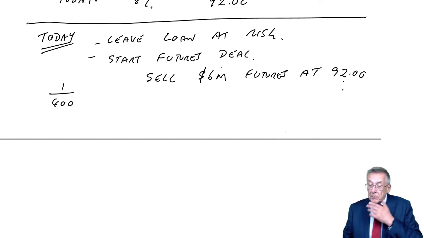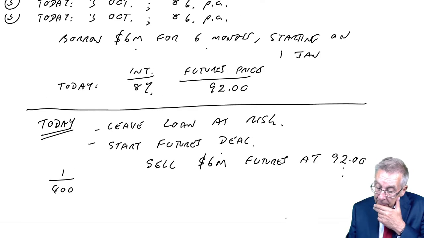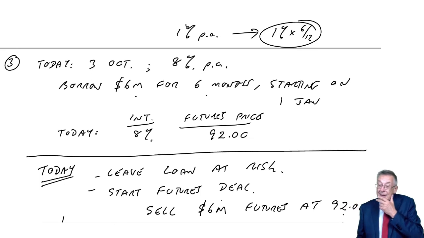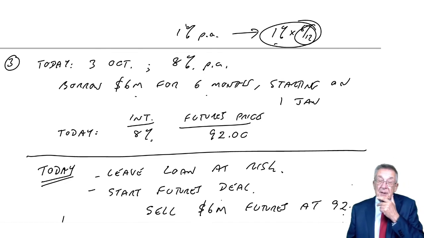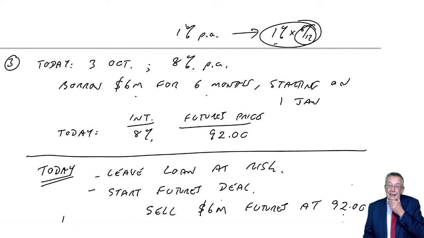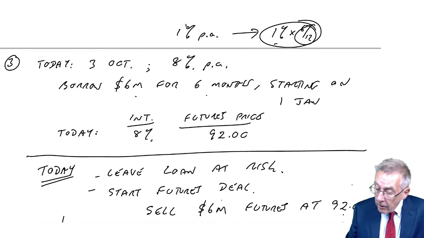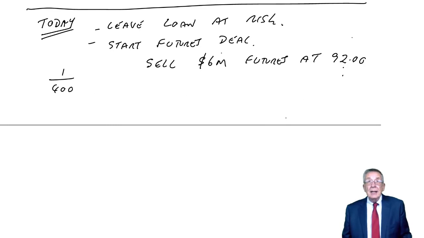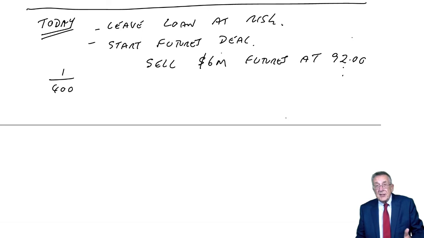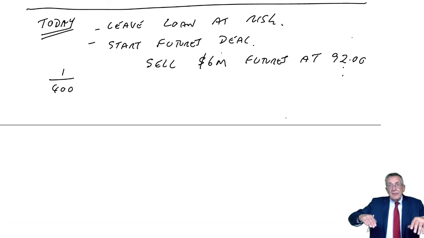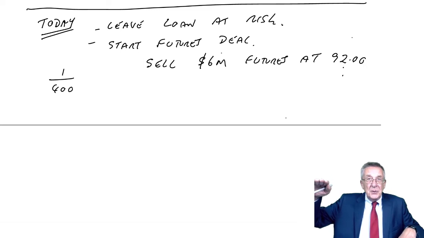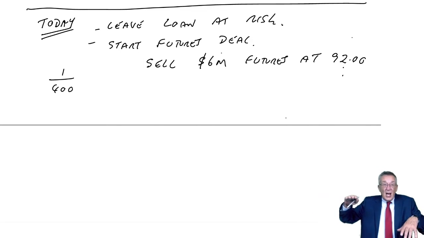And so that gives us a big problem, surely. If interest rates go up, on the loan itself, it'll be half a year at 1%. The futures will go down by 1%, but the profit is calculated as a quarter of a year at 1%. And so the two aren't going to cancel. Half a year at 1% on the loan is not going to match a quarter of a year at 1% on the futures.